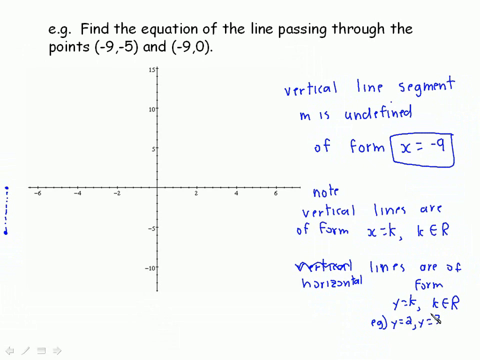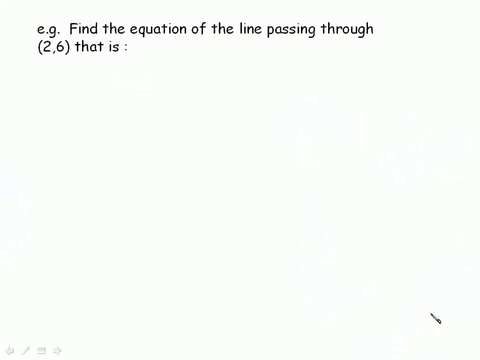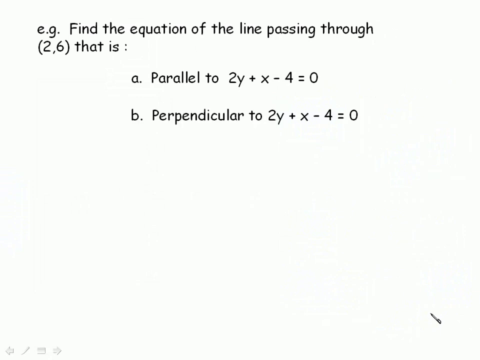Now I'm going to bring up a new screen, and let's take a look at another problem. Find the equation of the line passing through 2, 6. So we do have our 1 point, and we want to get the line that is parallel to 2y plus x minus 4 is equal to 0. And then we're also going to want to get one that's perpendicular to 2y plus x minus 4, the same equation.